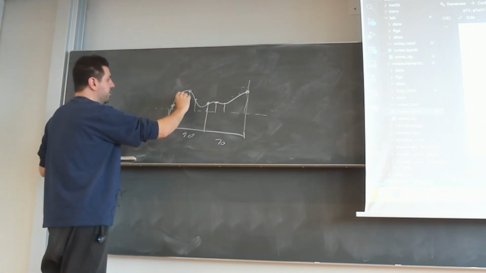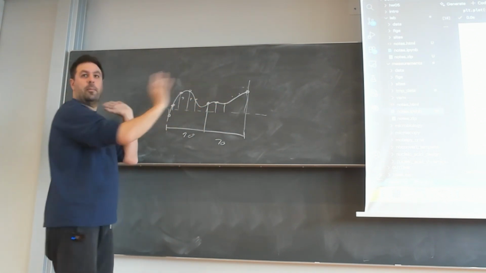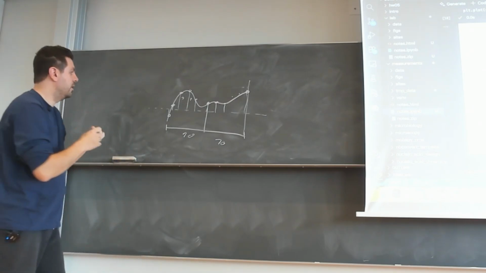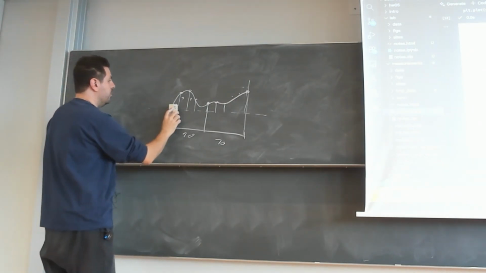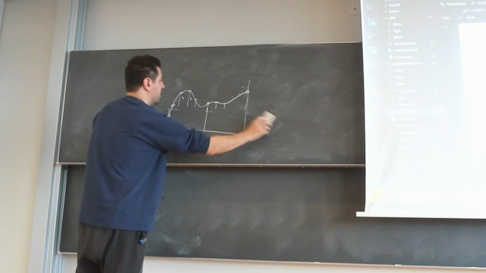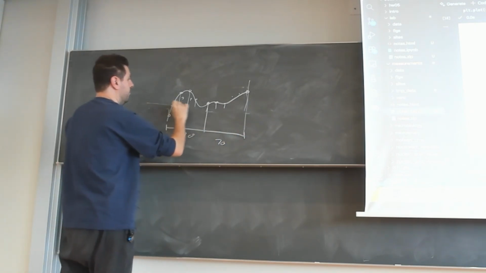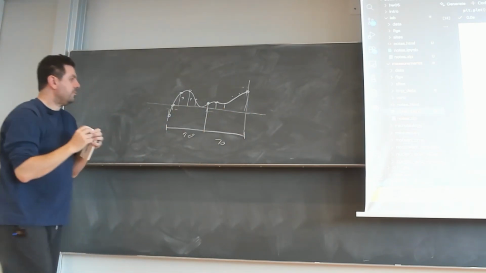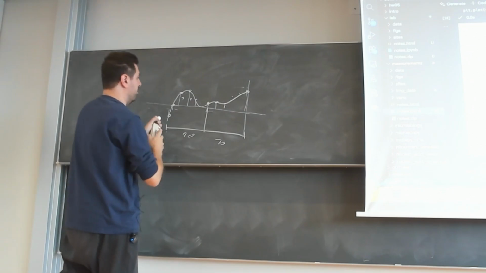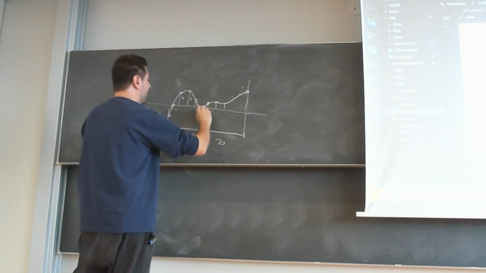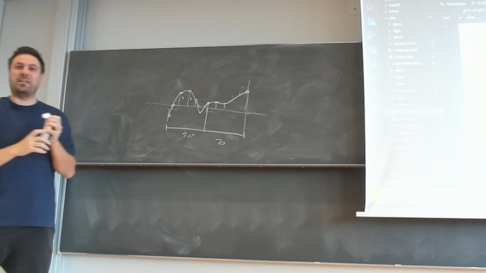I'm squaring everything and summing it up, and I want to minimize this. Let's say the minimum is actually this line here. Probably not exactly, but you get the point.